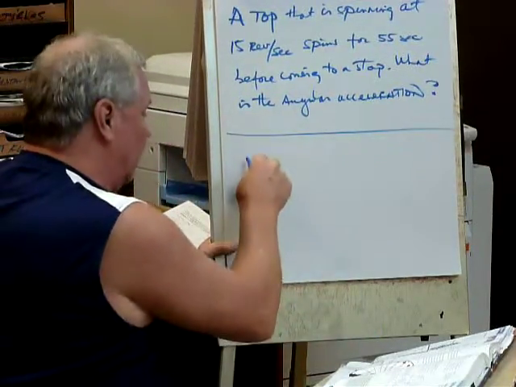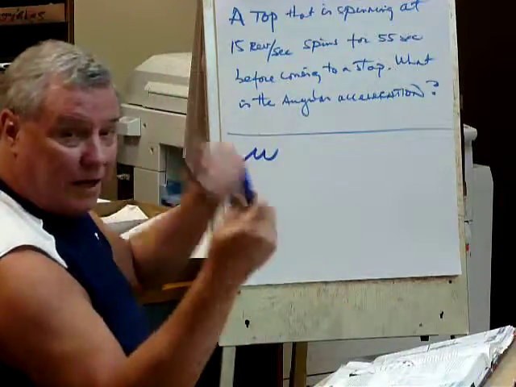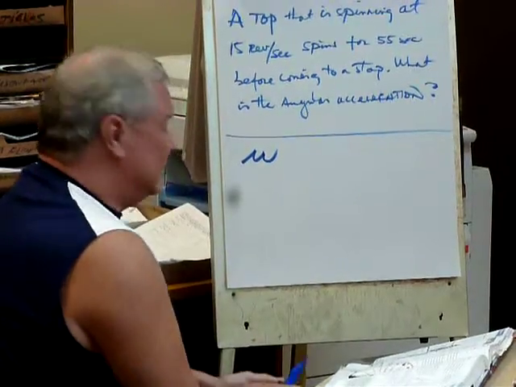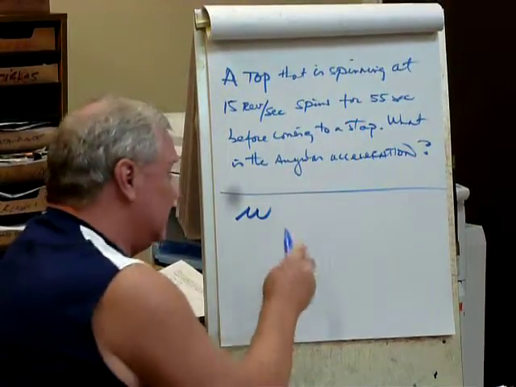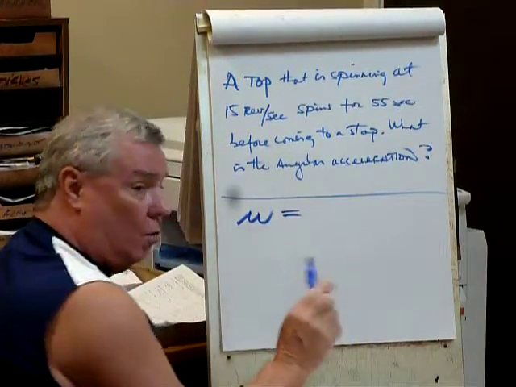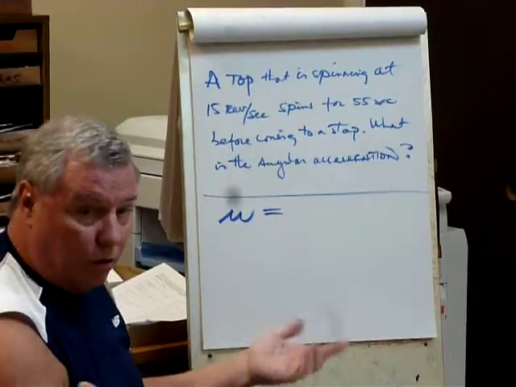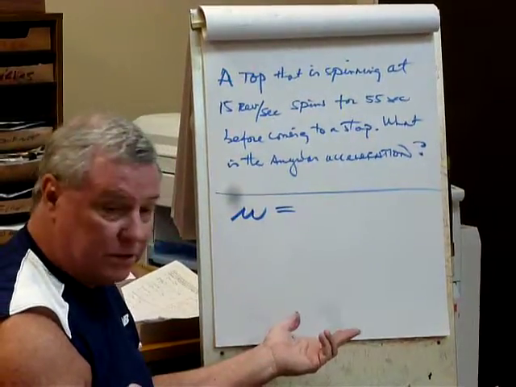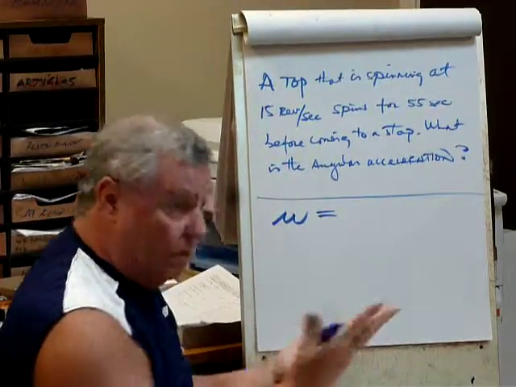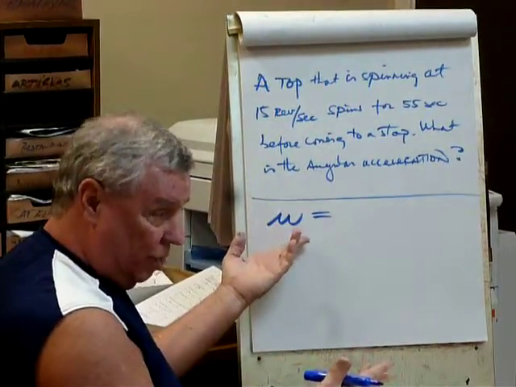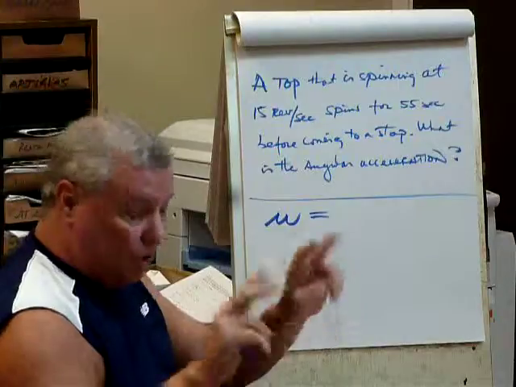Well, a weird W. A weird W, exactly. Obviously. So, it's called omega or a weird W. Your choice. And the weird W equals, what did velocity equal old school when we were doing linear distances? Velocity equaled distance over time. So guess what W is going to equal? Distance over time. But what's our new distance?